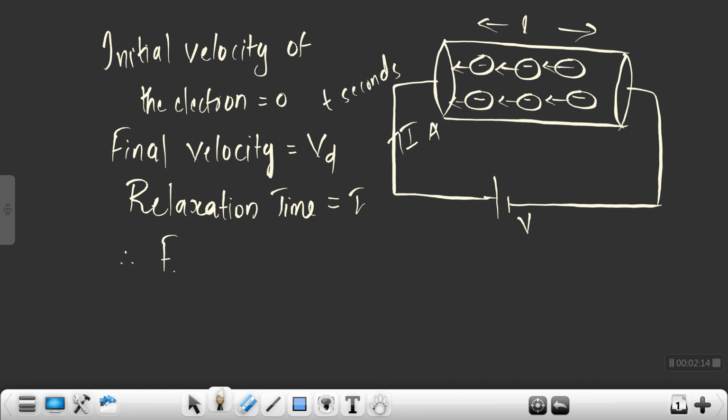So therefore, the force acting on each electron, F is equal to QE.